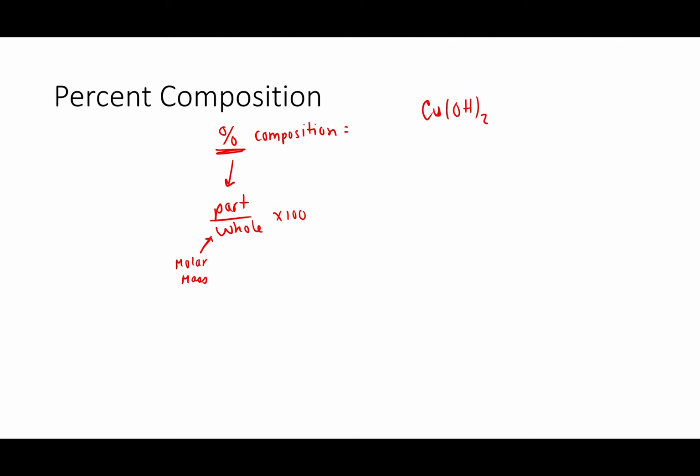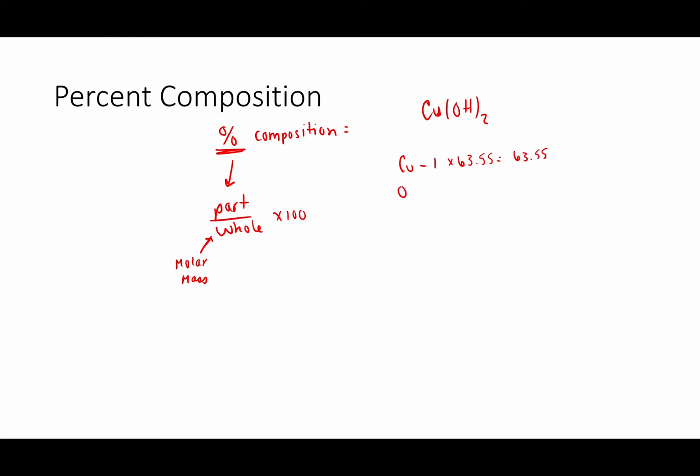So all we're going to do to start finding the percent composition is actually just find the molar mass, and you'll see that it's pretty beneficial to actually show your work. So for copper, there is 1 copper times 63.55, so that's giving us a mass of 63.55.